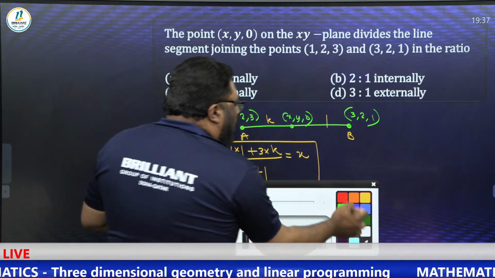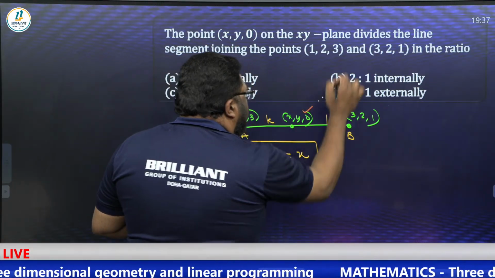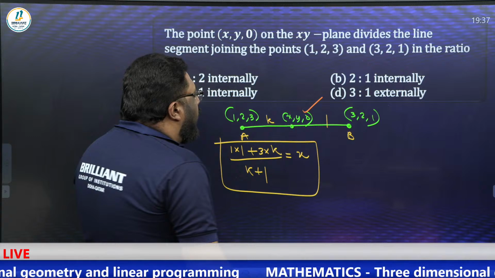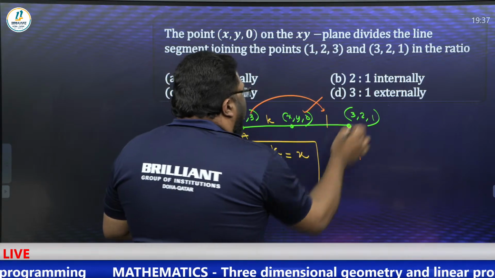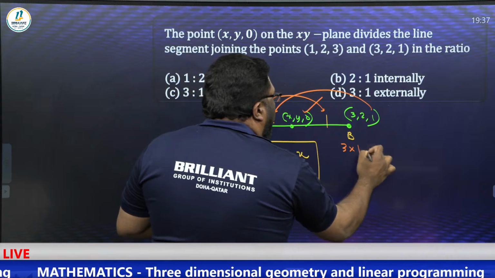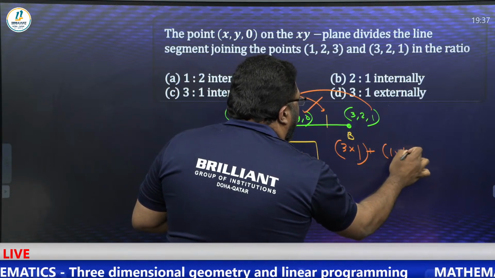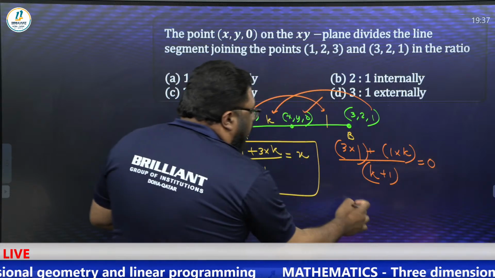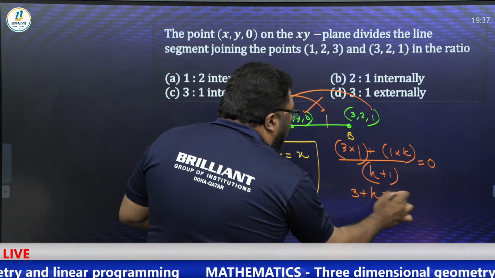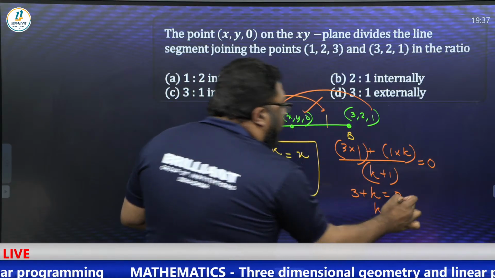But I will go behind, my dears, 0, the z component. So 3 into 1 and 1 into k, divided by k plus 1 equal to 0. I will get 3 plus k equal to 0. k is equal to negative 3.